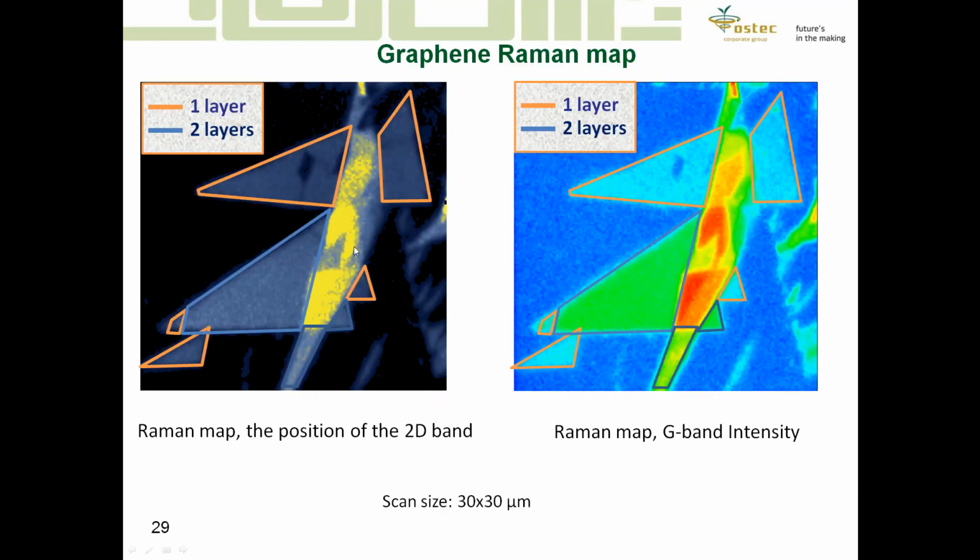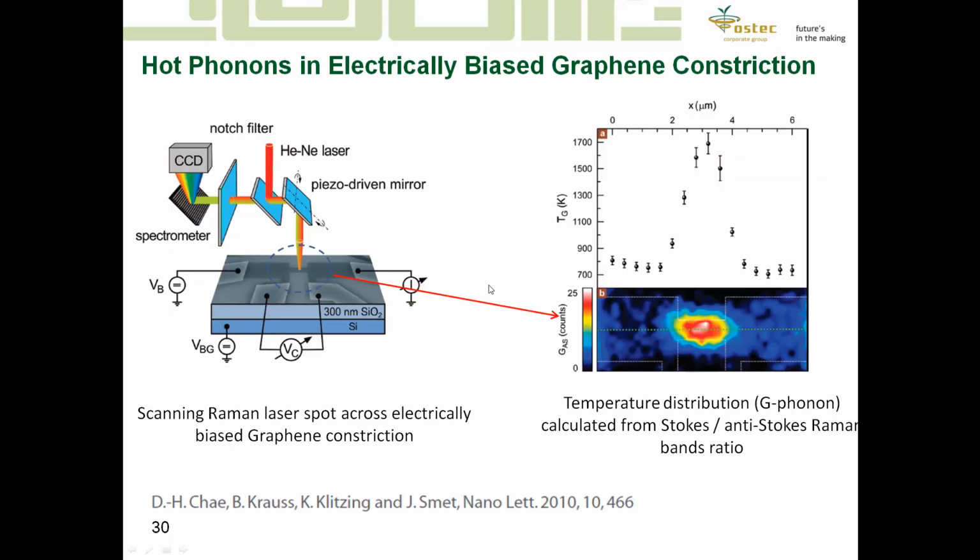And this is an example of such a map when one layer and two layer graphene were identified by point Raman mapping, and therefore we can tell which position corresponds to the required number of layers.